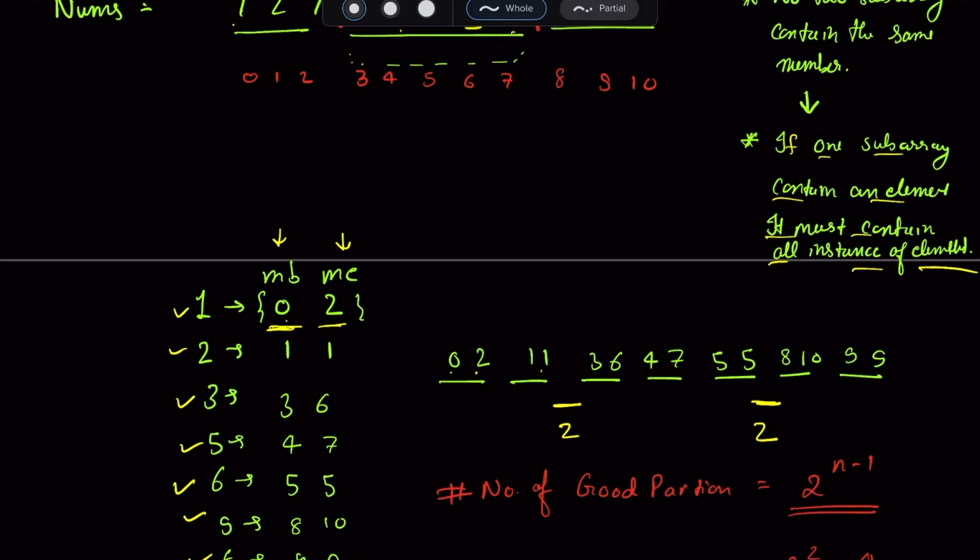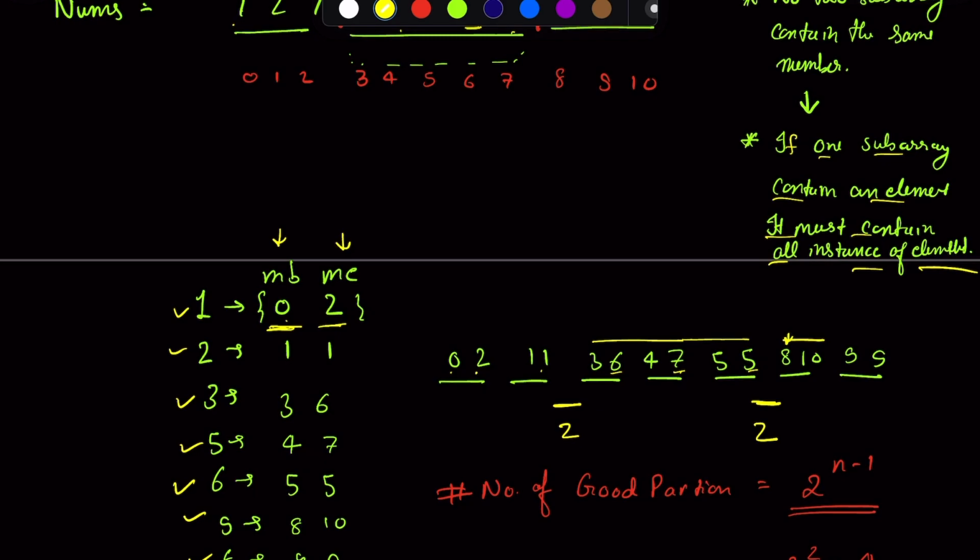Here also you will see that for 3 6, the next interval starts from 4, and 4 can be included in this interval. So we merge these both into one, and we check for the next. Can 5 6 be merged in this? Yes, because 5 is less than 7, so this can also be merged here. Now can 8 be merged in this? No, 8 is greater than the biggest ending here, which is 7.